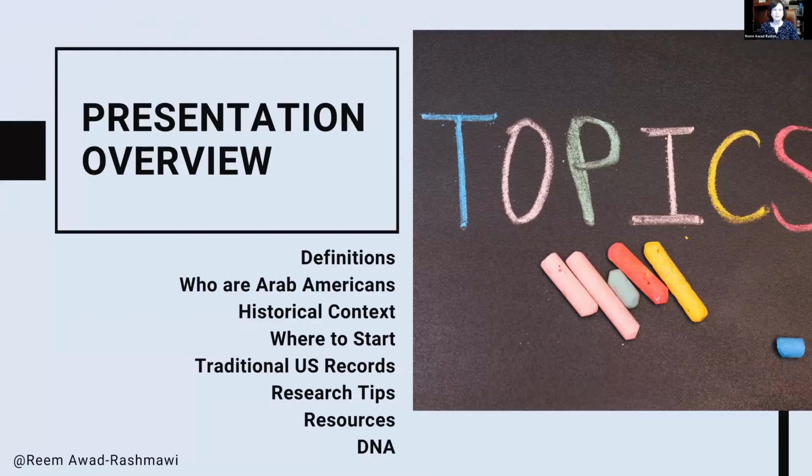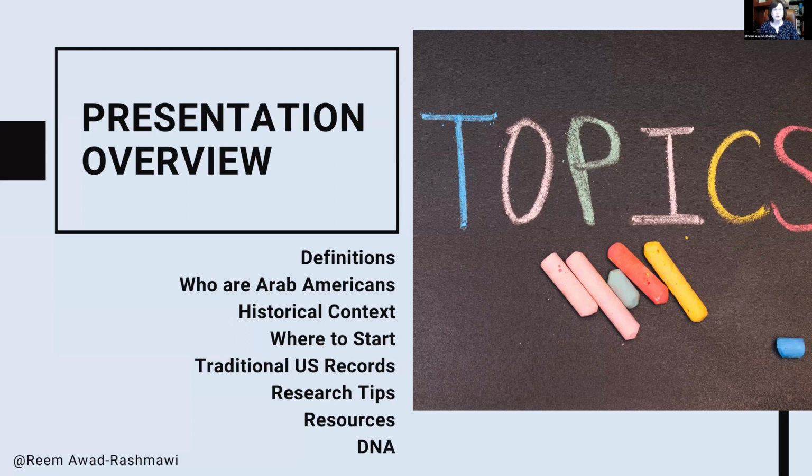So today I'm going to talk about varying things. The first is who are Arab Americans? What are we talking about when we're doing Arab genealogy research? Who are the Arabs, or which countries are considered Arab? Because there are different definitions that we want to look at. There's also a historical context to look at. How do you even get started in this research?